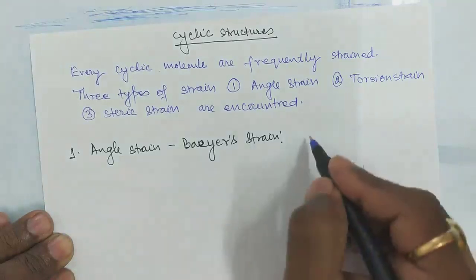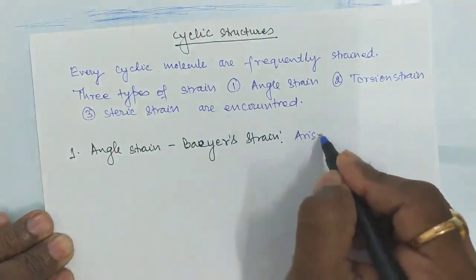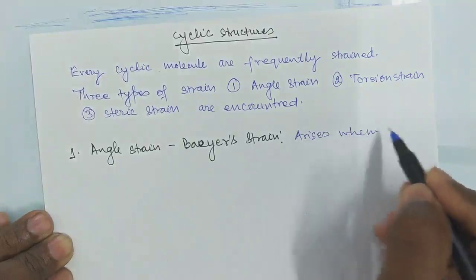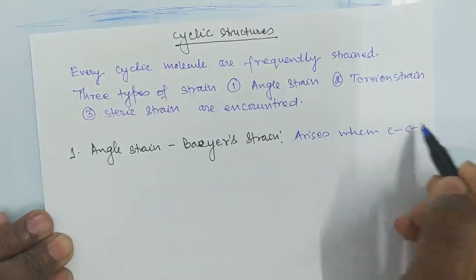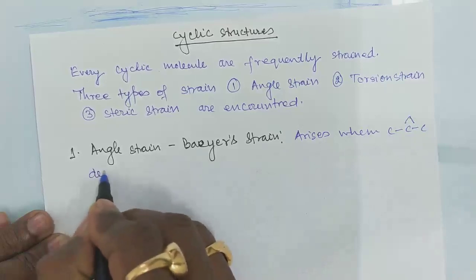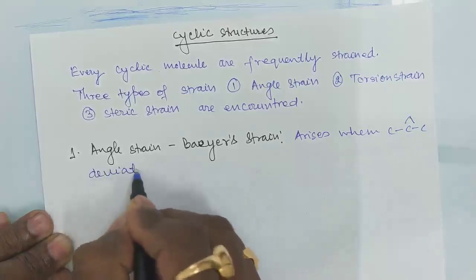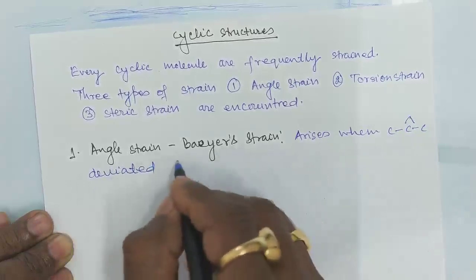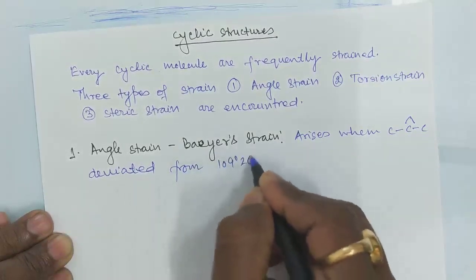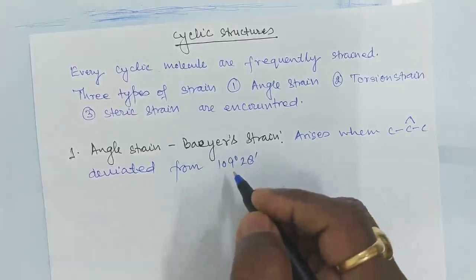It arises when the C-C-C bond angle deviates from 109 degree 28 minutes.